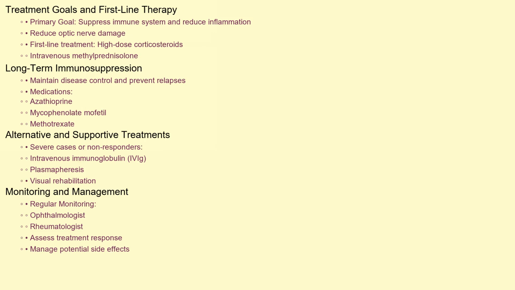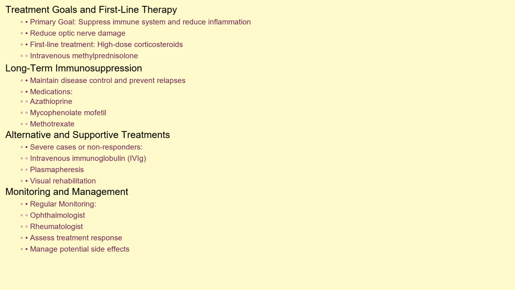The primary goal of treatment is to suppress the immune system and reduce inflammation to prevent further optic nerve damage. High-dose corticosteroids, such as intravenous methylprednisolone, are often the first-line treatment to quickly reduce inflammation. After the initial course of corticosteroids, long-term immunosuppressive medications, such as azathioprine, mycophenolate mofetil, or methotrexate, are typically prescribed to maintain disease control and prevent relapses.